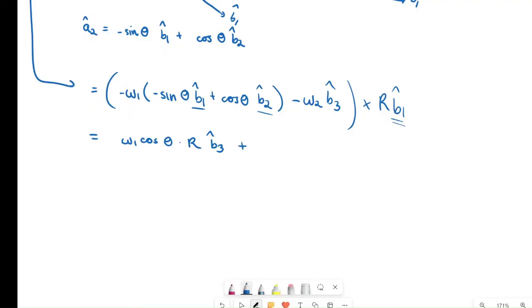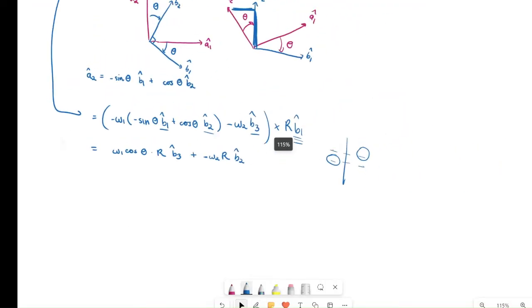And then we have b3 cross b1, which will be omega 2 r, right? b3 cross b1 is b2. 0 minus this, which is positive, but then you have to negate it because of the b2 term. So this should be a negative b2 hat. Is that right? Yeah, that should be right.